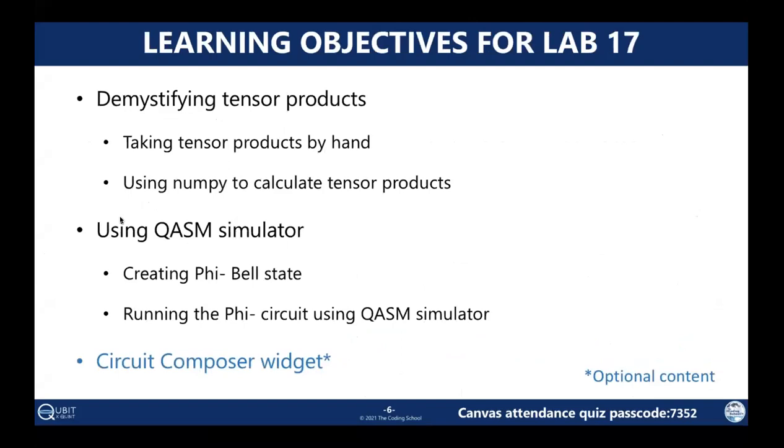The learning objectives for Lab 17 are to demystify and review tensor products by taking them by hand and then using NumPy to calculate them, which we will do through the IBM Quantum Experience, because it has a nice built-in Jupyter Notebook platform that allows us to use Python easily. Then we're going to use the QASM simulator to create a Bell state and run that circuit.